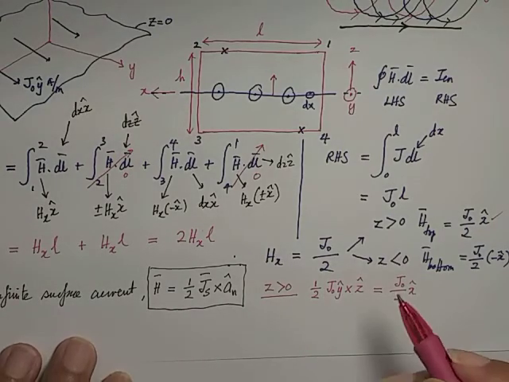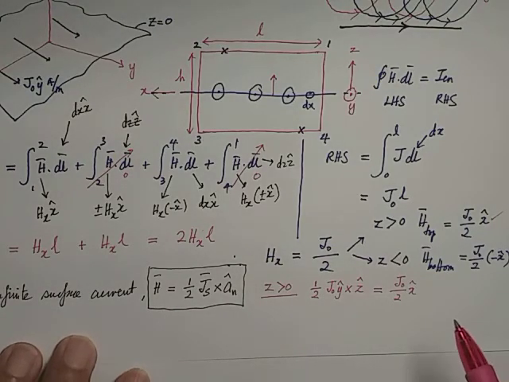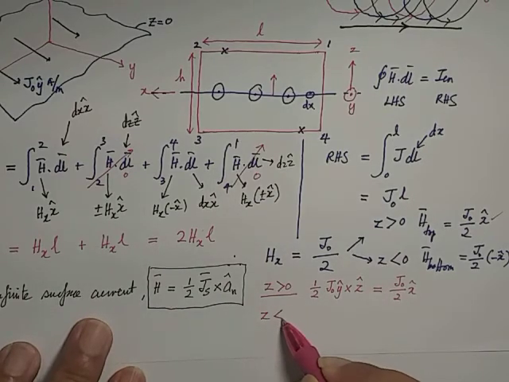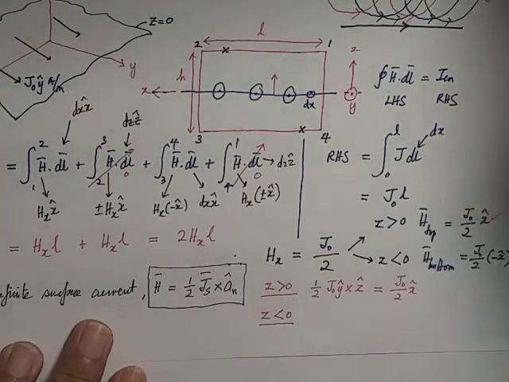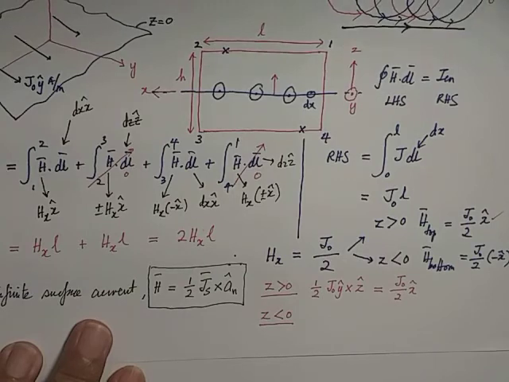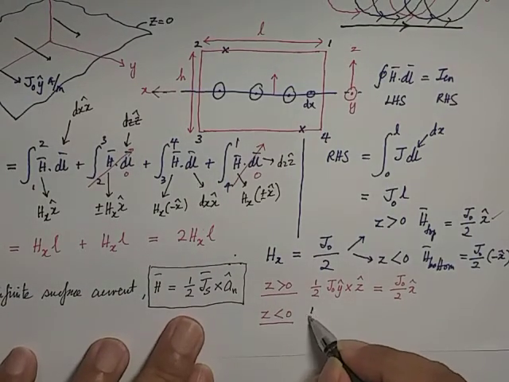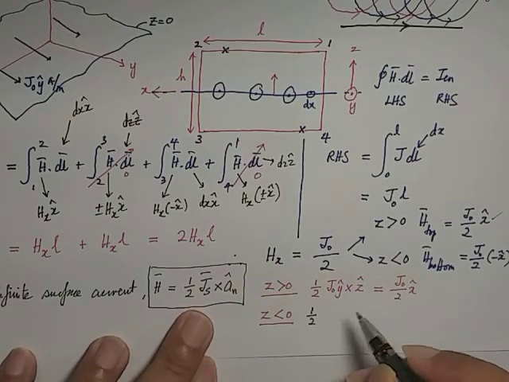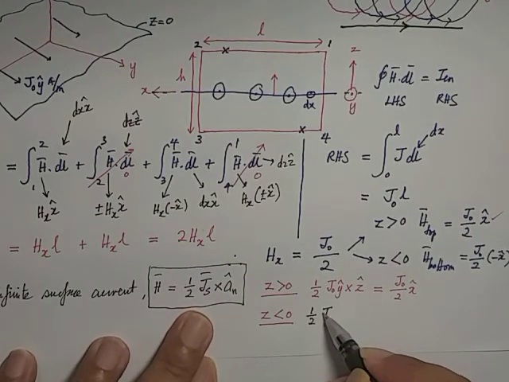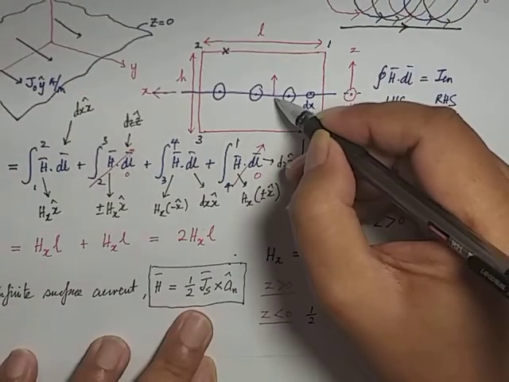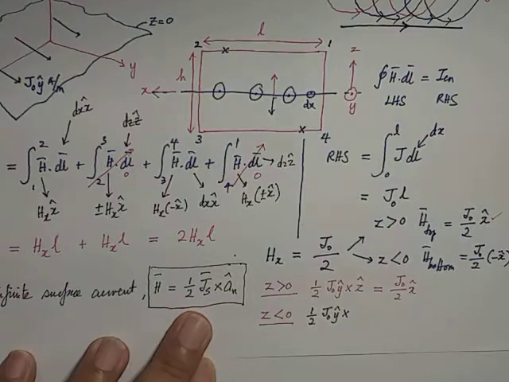Let's prove further. Some of you still don't appreciate it, so let's do it for z smaller than 0 now. I'm going to use a different color so that you can see the difference. The formula states half, so I just copy half, then the Js, whatever current given in the problem, J naught y direction, cross An. Now An is away from the current, pointing downward, so it should be negative z.